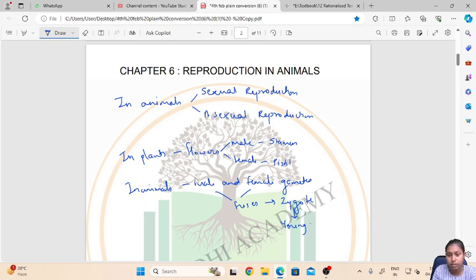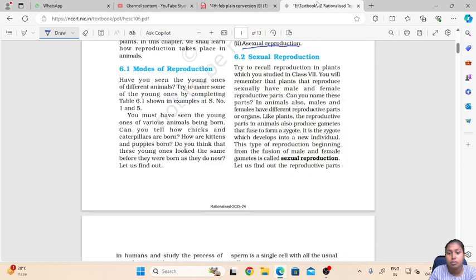This process is called sexual reproduction. So what is sexual reproduction? It is a type of reproduction beginning from the fusion of male and female gametes.